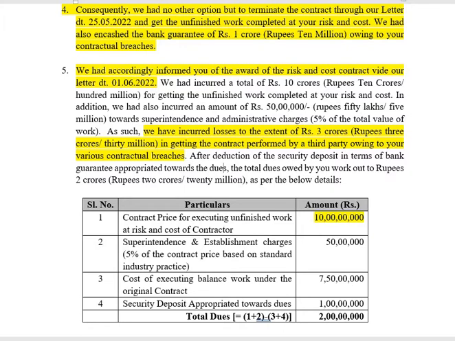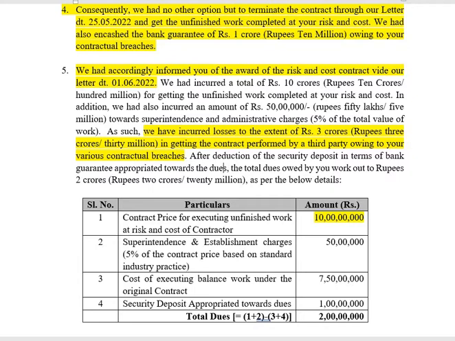Then serial number 2 is the superintendence and establishment charges, which works out to 50 lakhs. Then 3 is cost of executing the balance work under the original contract, which was, as we said earlier, 7.5 crores. And the security deposit appropriated towards the dues is 1 crore, which was in the form of bank guarantee.